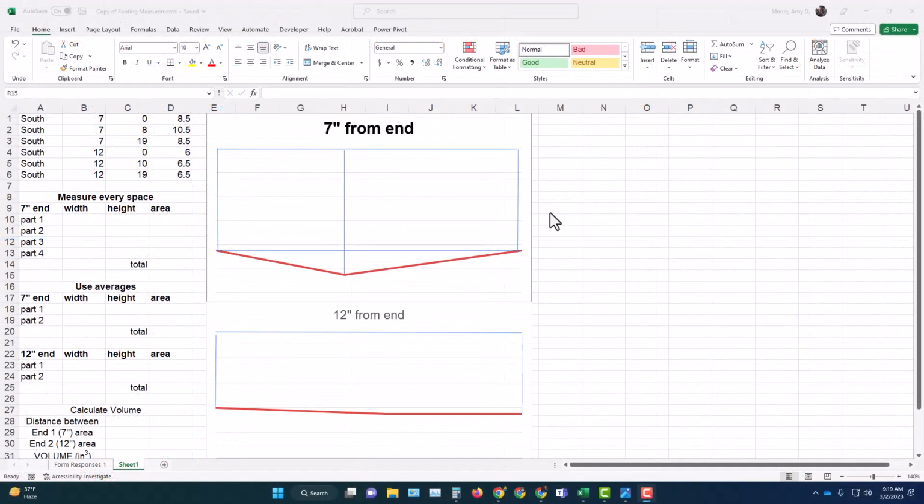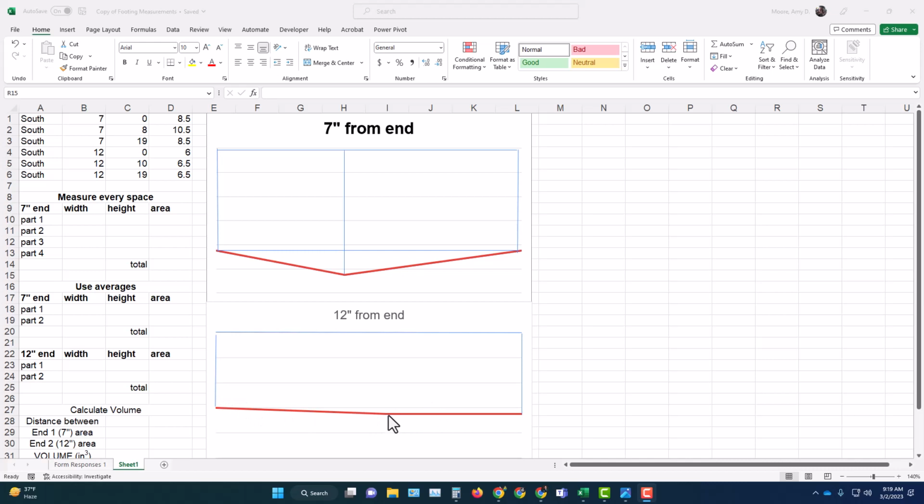So here in Excel, I used a line chart to draw the bottom of the measurements here, because here we are 7 inches from the beginning of the wall. At the 0 mark it's 8.5 inches. At 8 inches across it's 10.5 inches, and at 19 inches across it's again 8.5 inches. And then at 12 inches from the beginning of the wall, at one side of the story stick it's 6 inches.